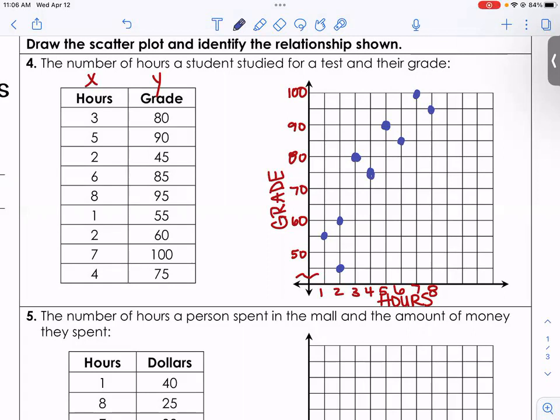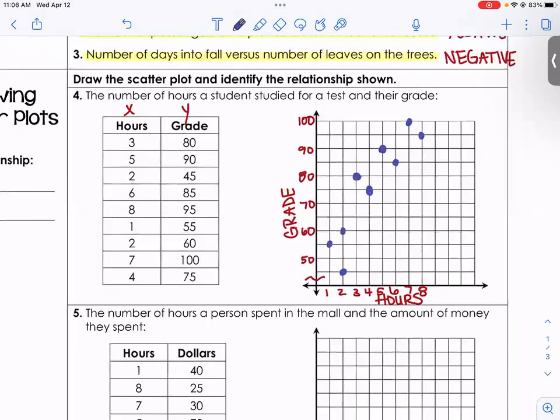It looks like a line to me. Does it look linear-ish? Sure. It looks line-ish, and it's trending with what kind of slope? So we are going to say that this has a positive relationship.